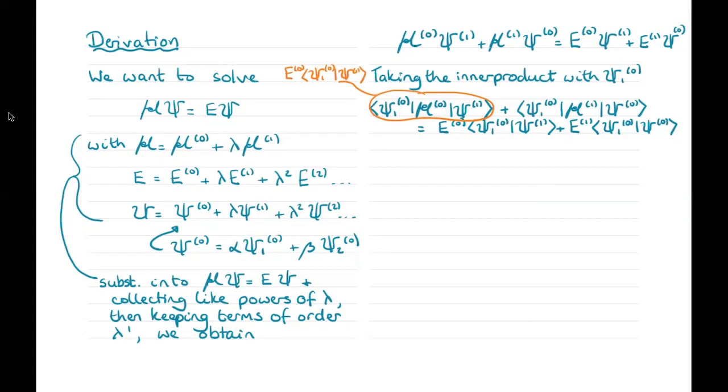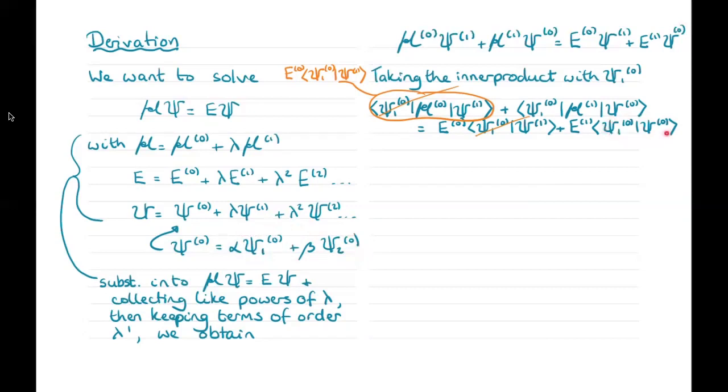And so then we can cancel this term on the left with the equivalent term on the right, which is this one. Then the next simplification is to remember that psi 0 is alpha psi 1 0 plus beta psi 2 0.